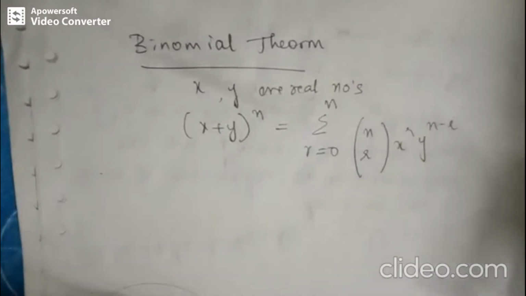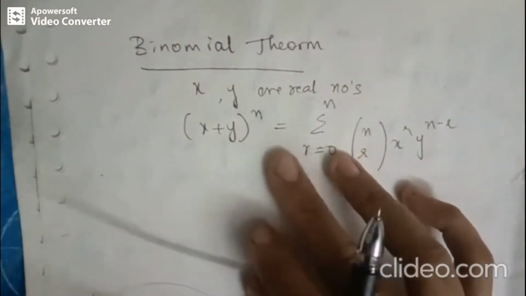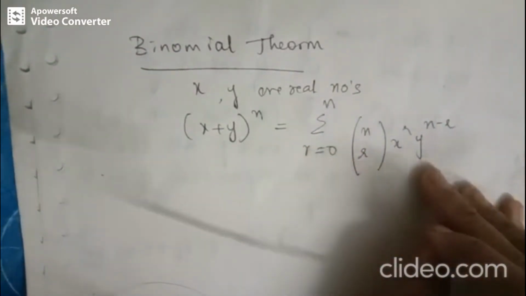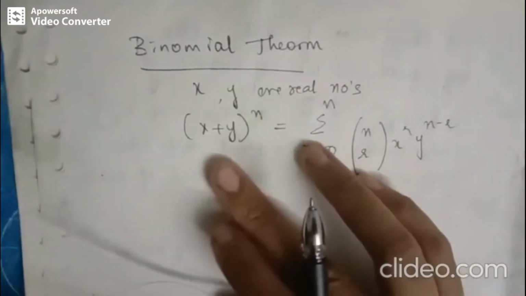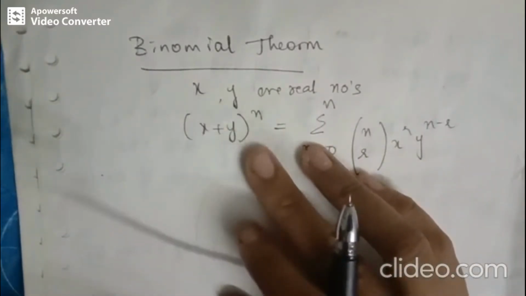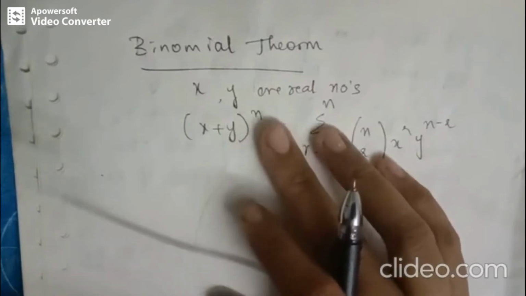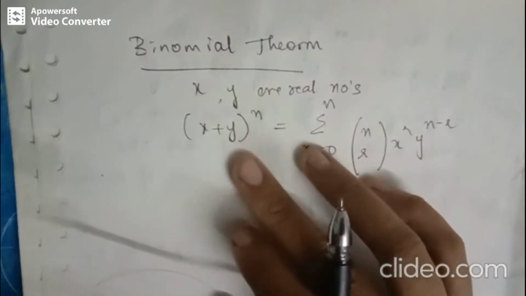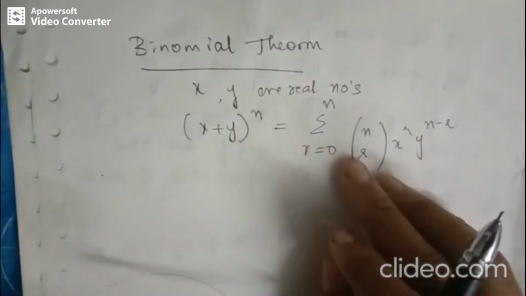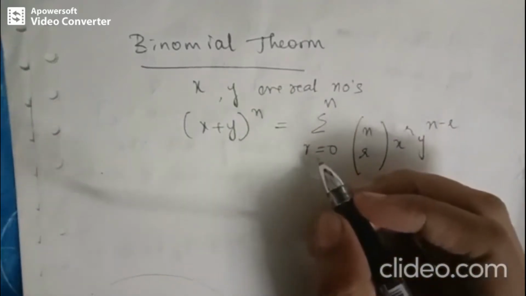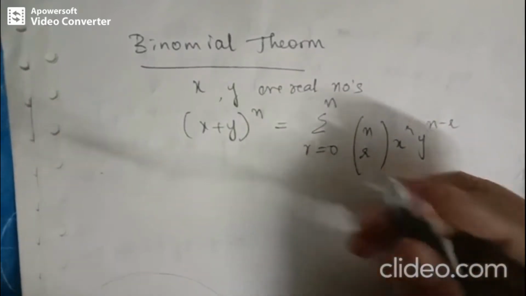We write this formula whenever a problem is given based on two terms. Here the two variables are x and y, and n is a positive integer, and x plus y whole raised to n can be written as the summation of r equal to 0 to n, nCr.